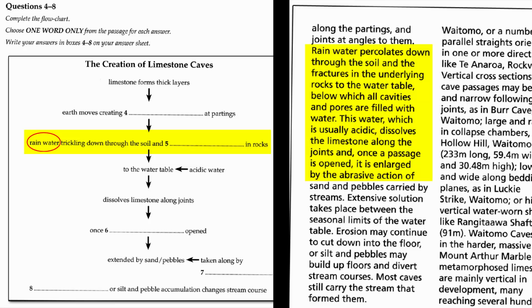For trickling down, they are using the word percolates down. Yeah, I'm doing X-ray of IELTS reading. And through the soil, soil is already written as soil, and the fractures in the underlying rock. So then they say and dash in rocks. For underlying rocks, they are only using the word rocks. That is why fractures will be the right answer.